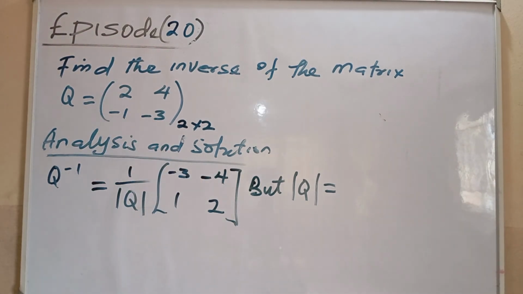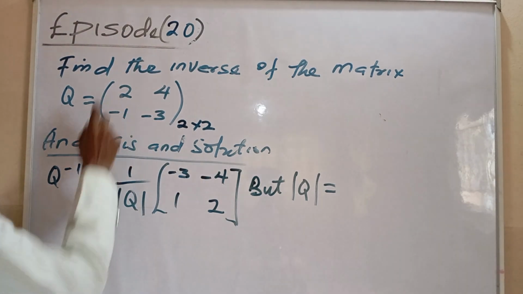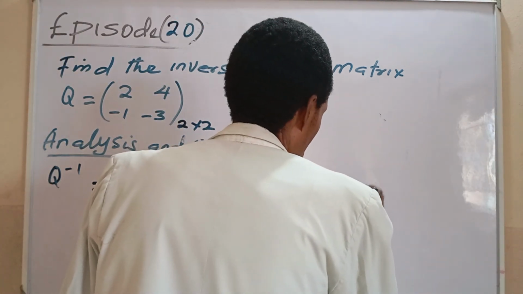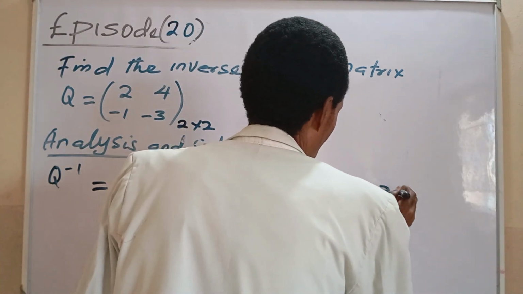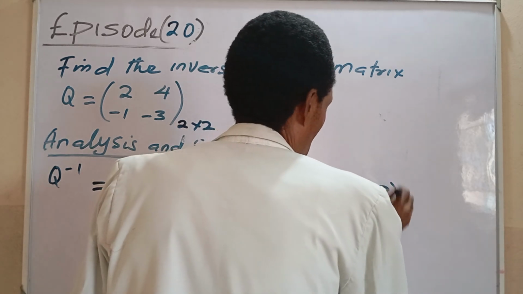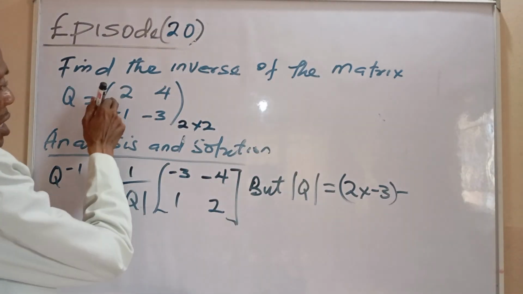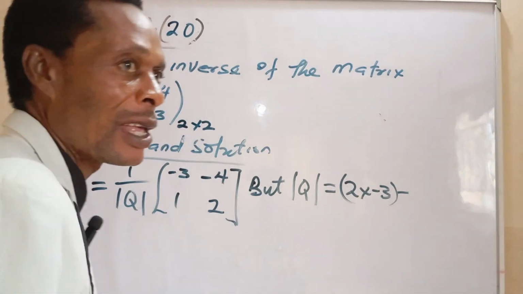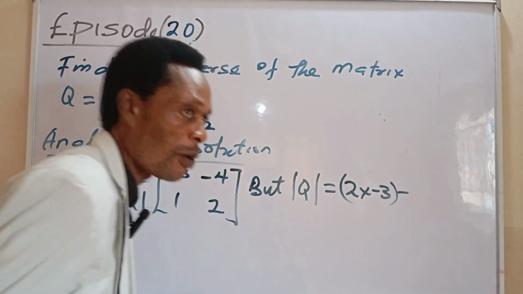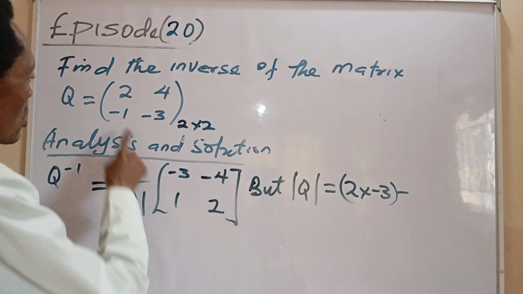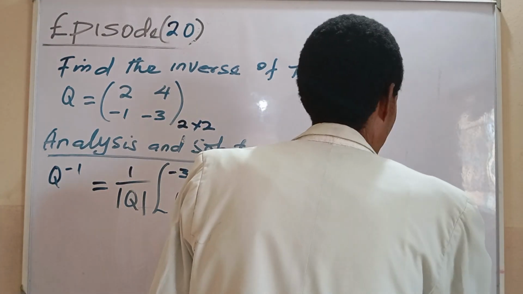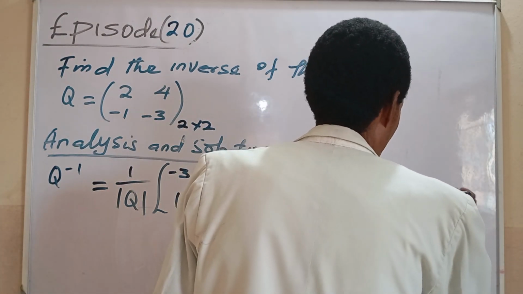Go to the real question: 2 times minus 3, minus. This minus is always in the formula. So minus, open bracket, 4 times minus 1.